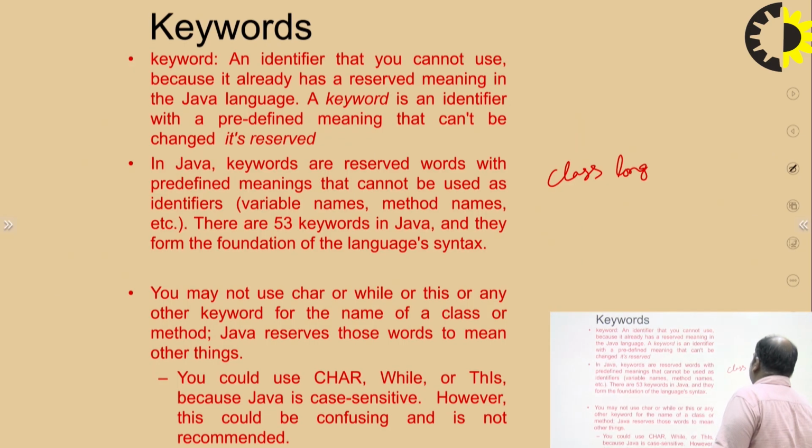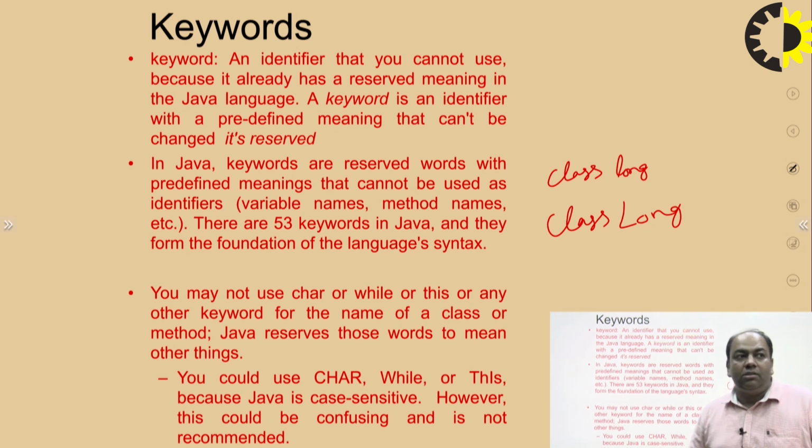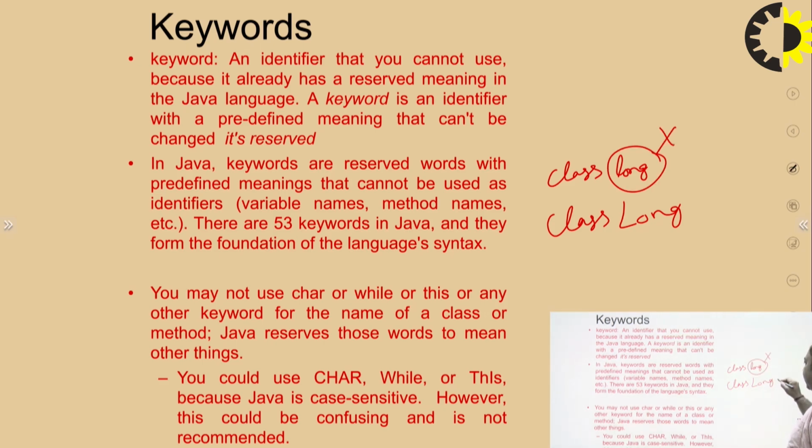We cannot give this because long is a keyword, but we can give class Long with a capital L because the keyword is with small l, not with the capital L. So this is not accepted in Java, but this is accepted in Java. While we give the name or identifier to a class using a keyword, long is a keyword, but with the small l, not the capital L.